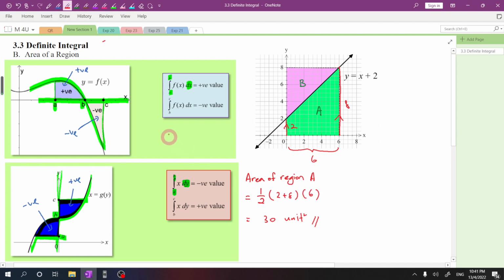So how about if we want to use definite integral to help us get the area of region A? Straight line, here also straight line, and x-axis. So which formula do we want to use, this one or this one?